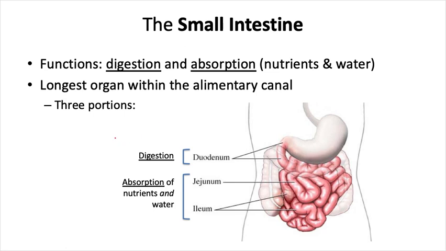We are going to get enzymatic digestion mostly in the duodenum, and we are going to get absorption in the jejunum and the ileum. So the absorption will be of both nutrients and water. And that absorption refers to the nutrients and the water getting back into our bloodstream.